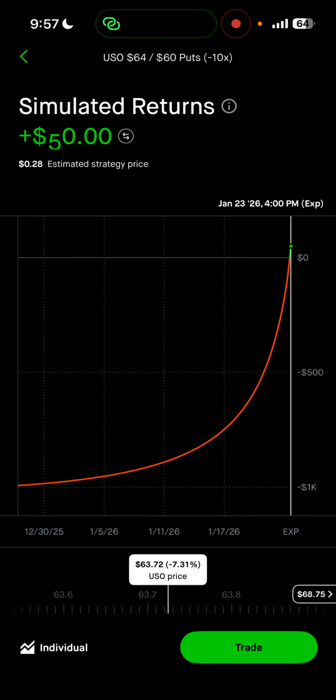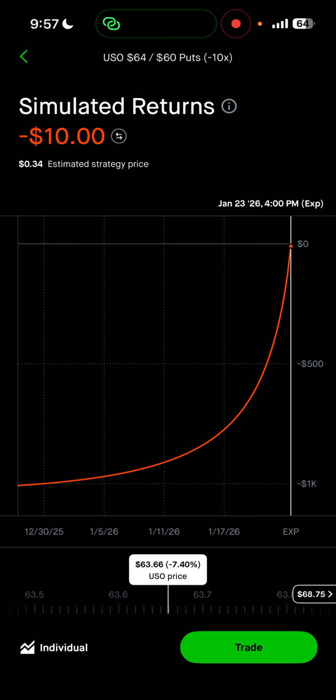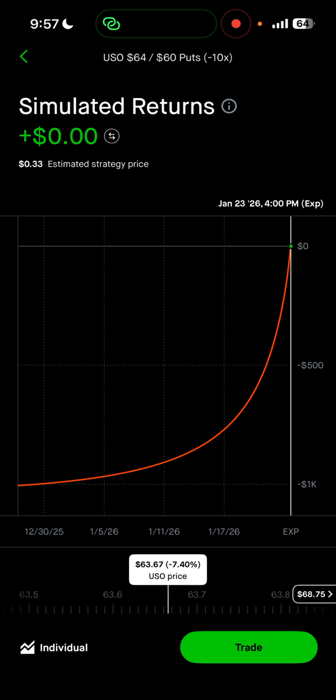If we go down to the true break-even, you're going to get a 0 simulated return there. What that means is you take your strike price, which is 64, subtract your original credit, which is 33 cents, and you get 63.67.